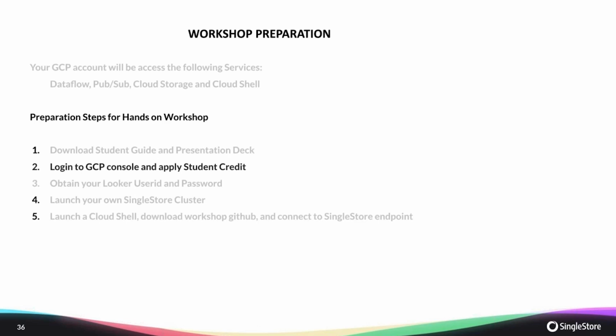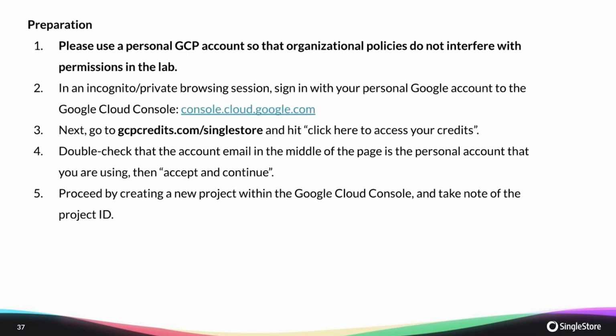Go ahead and download those to your machine, and then we can move on. We're going to go into obtaining your Google Cloud Platform Console. We'll log in there, and we'll show you how to get your credits. I've already logged into the Google Cloud Console.